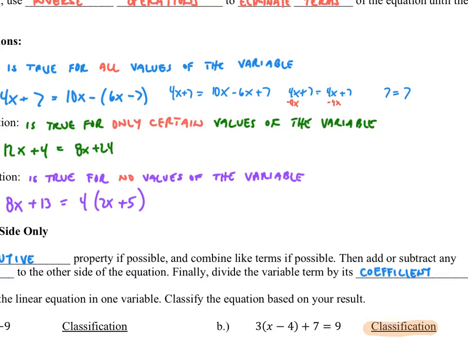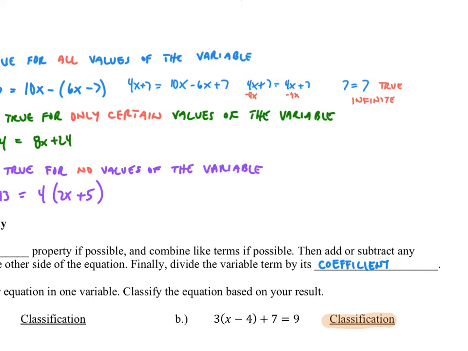So what I recognize about this is that it gives me a true statement. All right, 7 is always equal to 7. So when you end up with a true statement like that, that's always true, that lets you know that the real answer to this is that there are infinite solutions. The answer is not 7. The answer is that all values of x work. There's no number that I could plug in that wouldn't end up working, so it has infinite solutions.